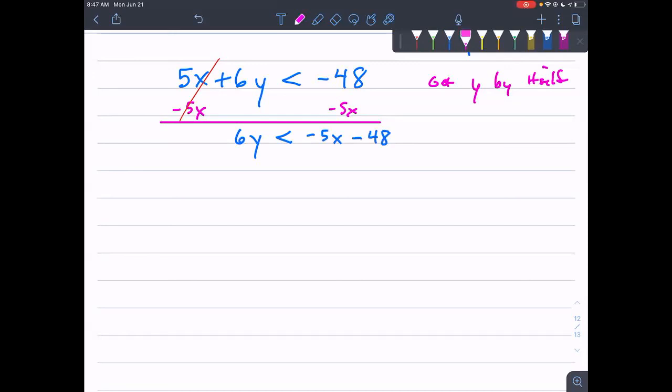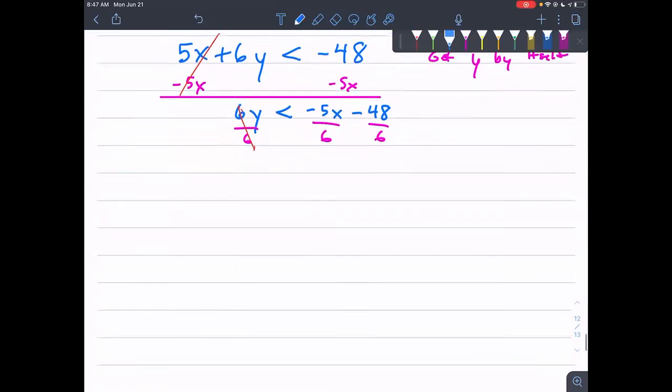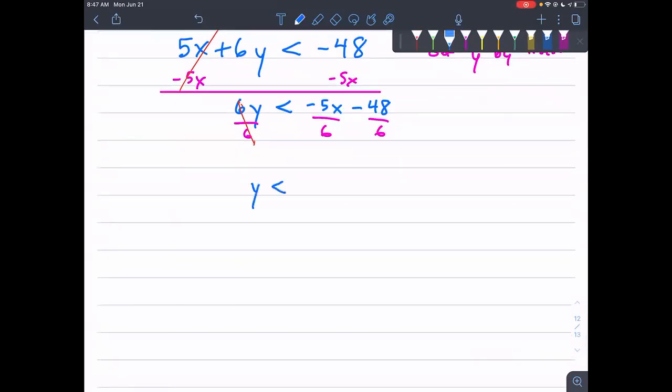Still trying to get y by itself, so divide by 6. Divide everything by 6. So we've got y is less than negative 5 over 6 x minus 8, 48 divided by 6.